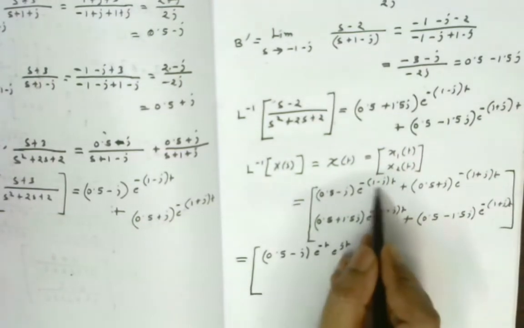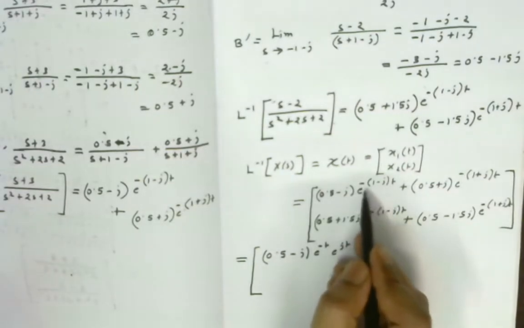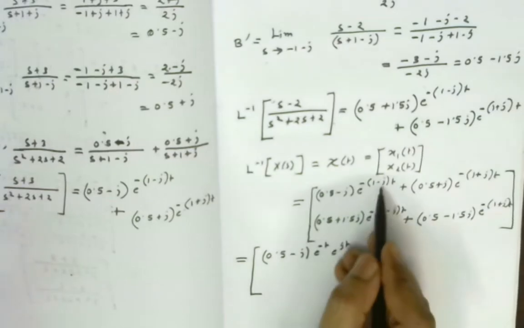This is coming from it. I'm just breaking this part as e to the power minus t or e to the power jt.